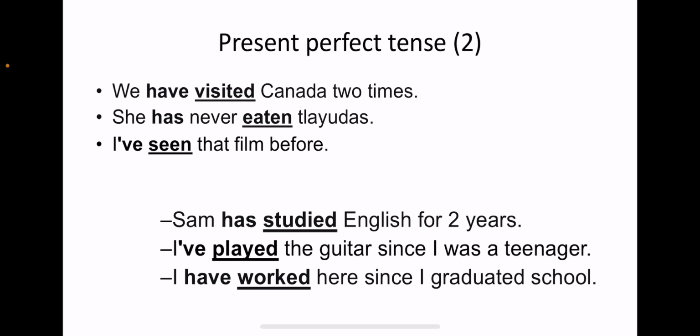Okay, now we know how to use the present perfect when I talk about an experience, right, the first time. How do I create my sentences with the present perfect? Of course, I need a person or a subject: we, she, Sam, Maria, etc. Then I need a verb that helps me create this structure. It's have and has.